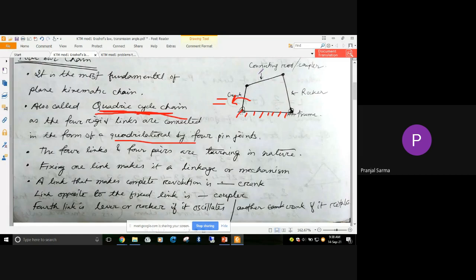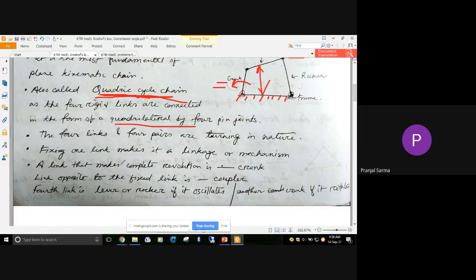And the connecting rod or coupler is generally the link which is opposite to the fixed link. So the link which can make a complete revolution is the crank, and the link opposite to the fixed link, that means this link, is the coupler.